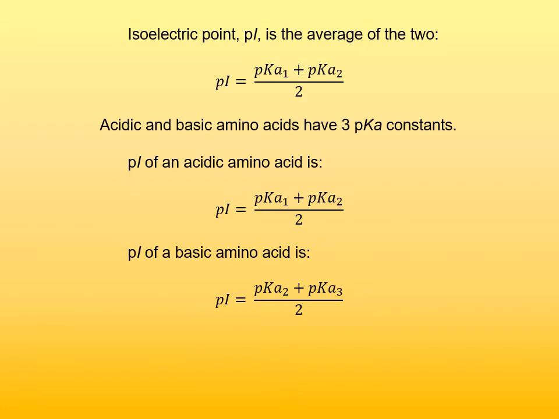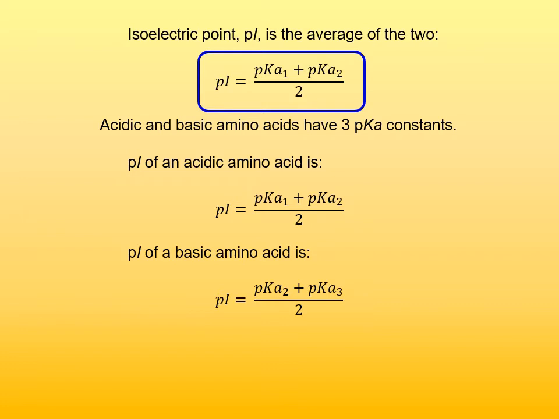And isoelectric point is characteristic for each amino acid. And as you will see later when we cover proteins, also proteins themselves have their own isoelectric points. So pI, or isoelectric point, is average of the two pKa values for simple amino acids. So pKa1 plus pKa2 divided by 2.